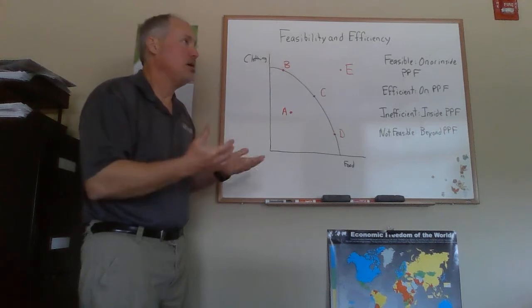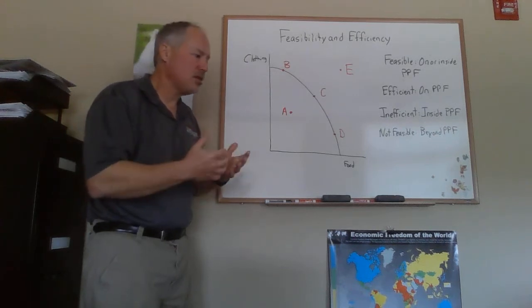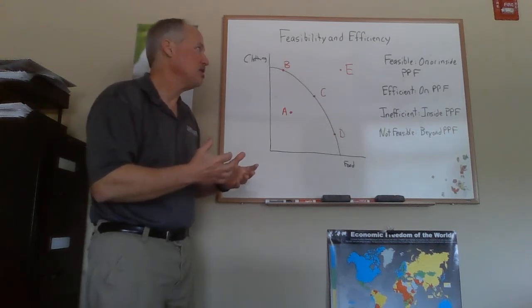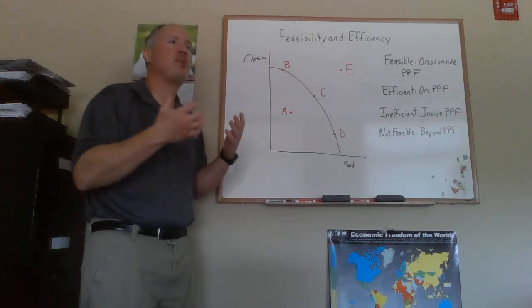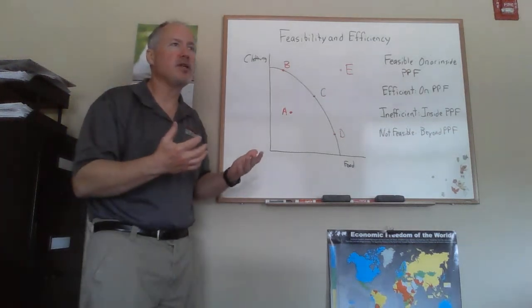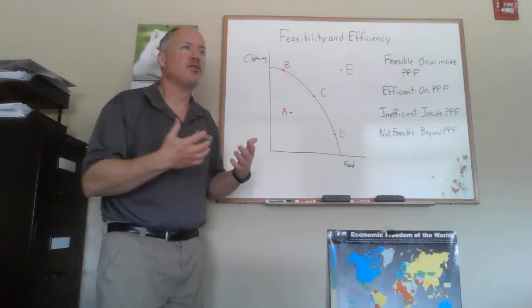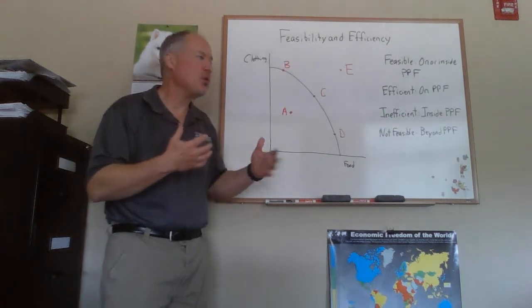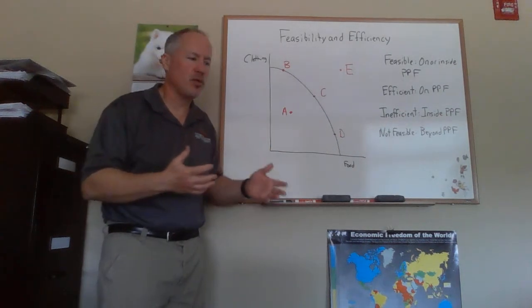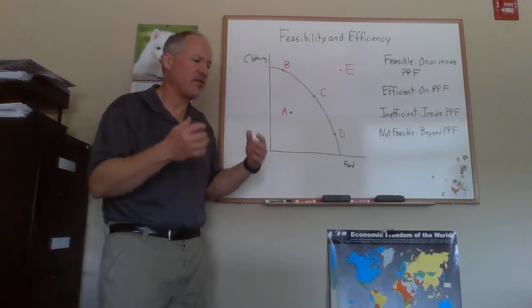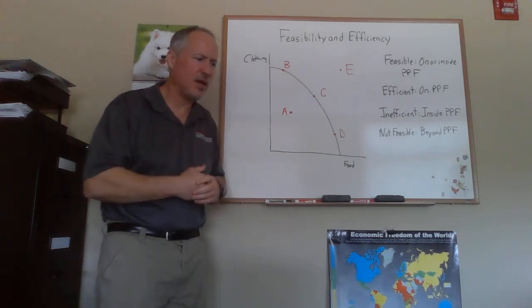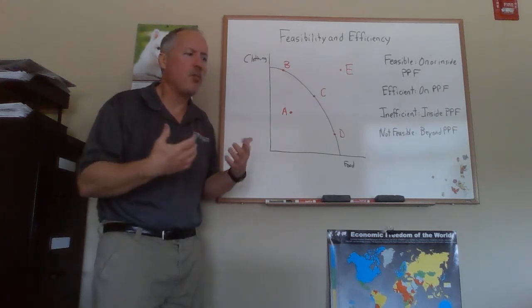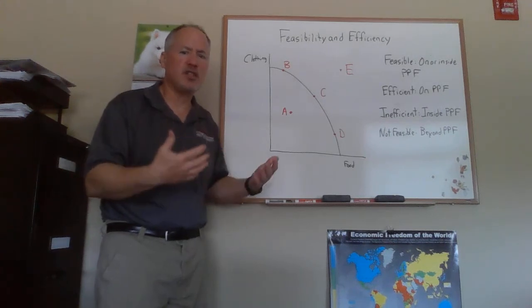Now, the PPF shows us feasibility. It shows us what's possible, and this is really important because in economics we don't actually see this frontier in the world. This is a very nice diagram for helping us to conceptualize or think about feasibility, but we never know exactly what's feasible in the world.